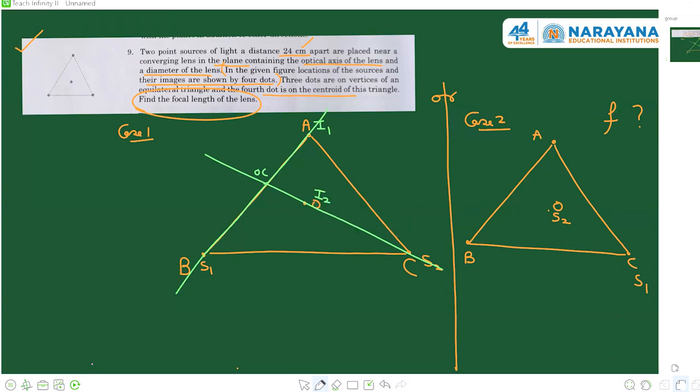S2, I2. Now, one thing is very clear. Whatever the orientation of the principal axis, let's say this is my principal axis and it is at some angle theta, S2 and I2 are on the same side.